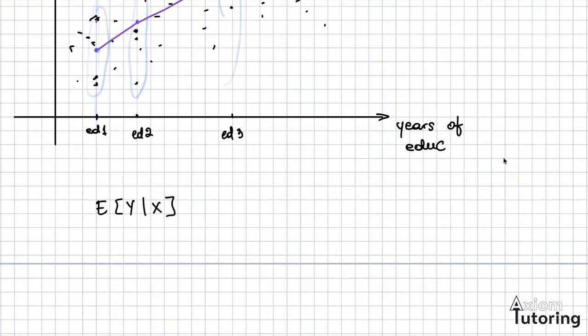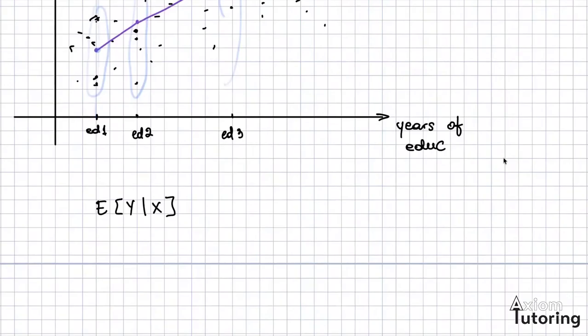And what that means is the expected value of y given x. In plain English, that would mean: what do we expect y to be on average when we take a certain value of x? Now keep in mind, this is about averages across groups.